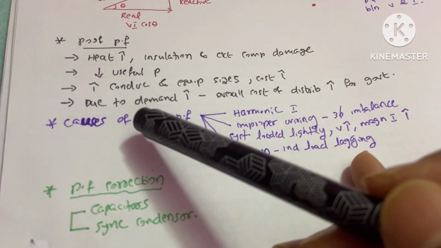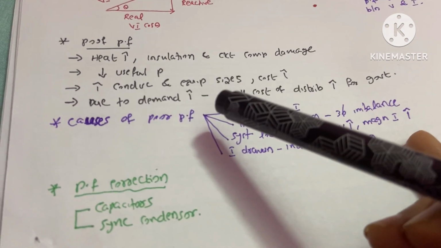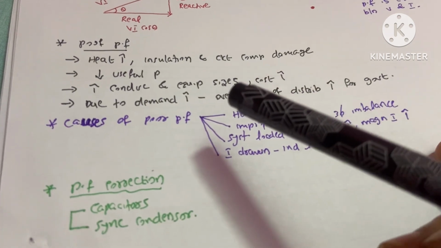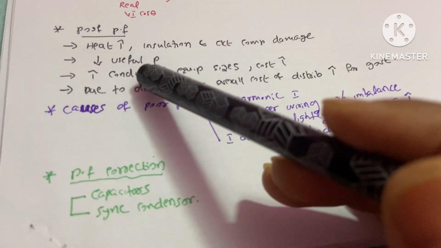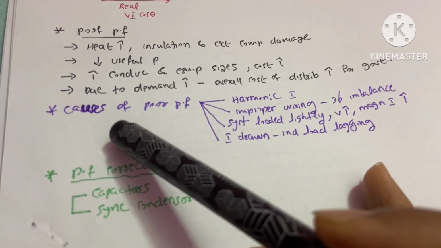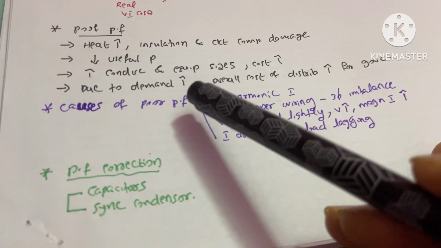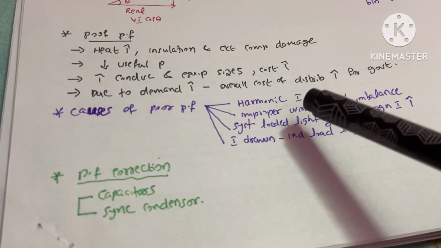The next one is that conductor and equipment sizes will increase, which means the overall cost of your system will increase. The conductor means the cable sizes. And next, due to the high demand of the system, the overall cost of distribution increases for the government.